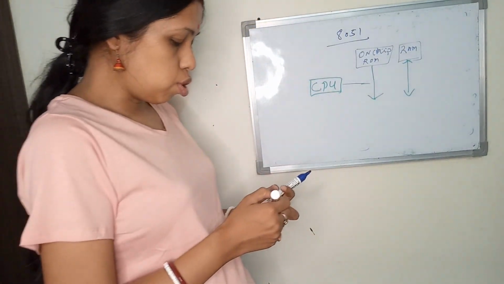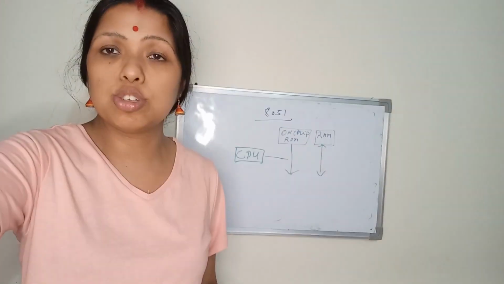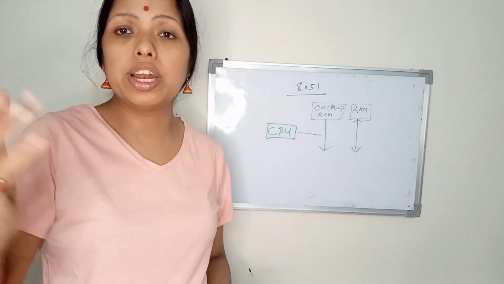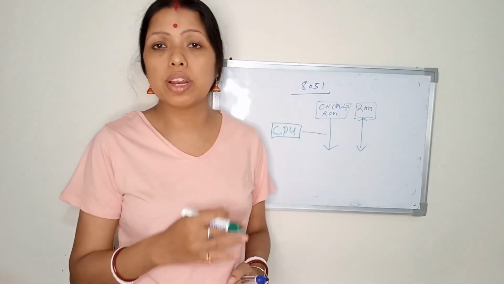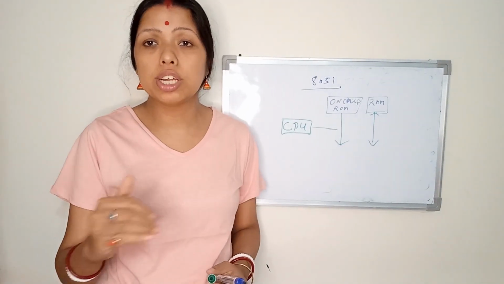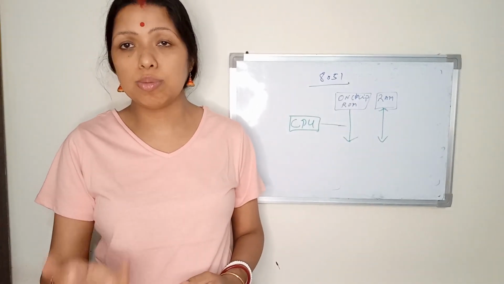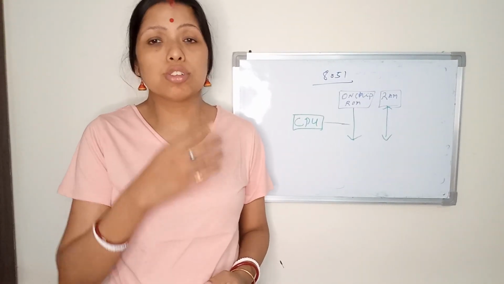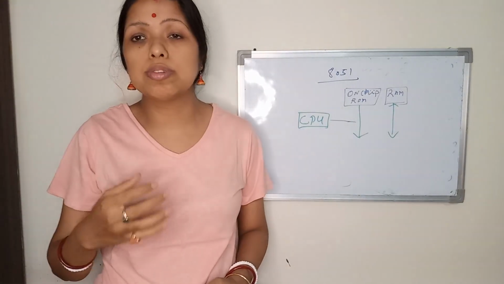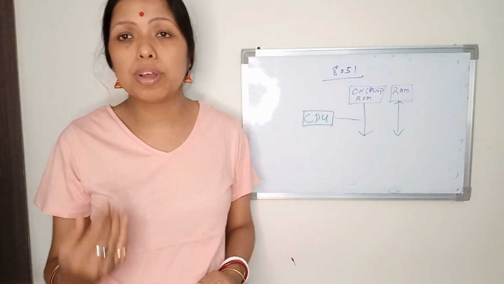ROM means read-only memory, where you store the data permanently, and RAM is random access memory, where you can store the data temporarily. Normally the size of the ROM should be higher than the size of the RAM. In a computer also you can see the ROM size is larger than the RAM size, and the temporary data is stored inside the RAM, random access memory.